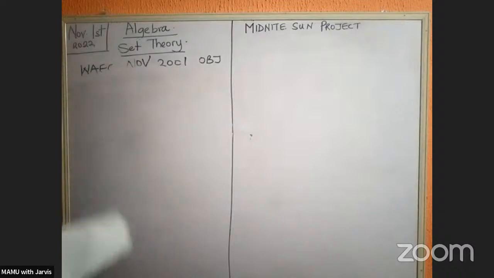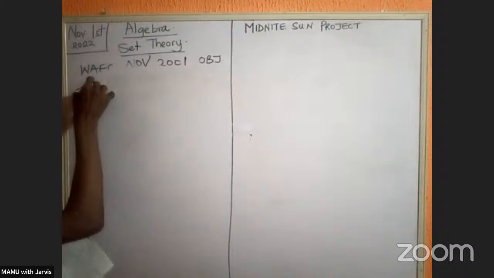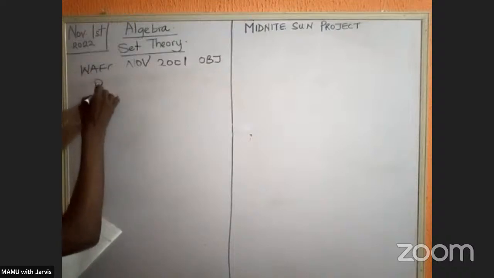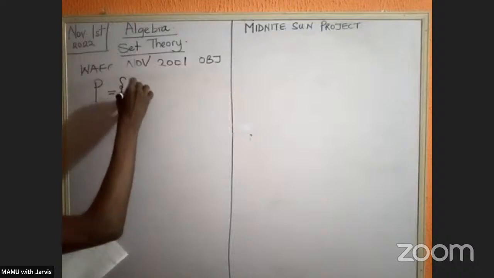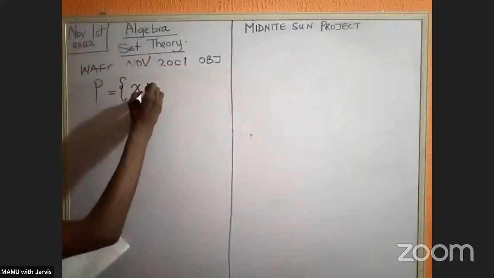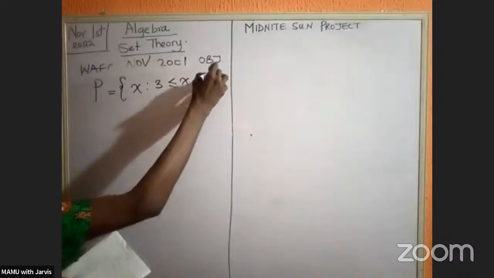Okay, so November 2001, we are told that the set P is equal to X such that X is between 3 and 9.